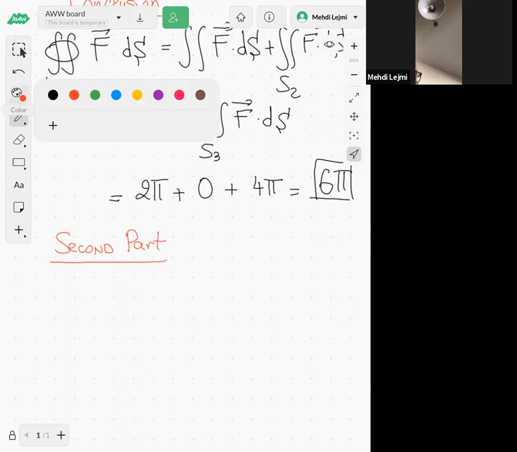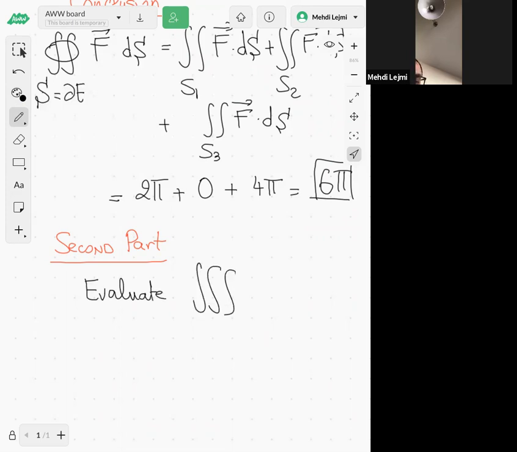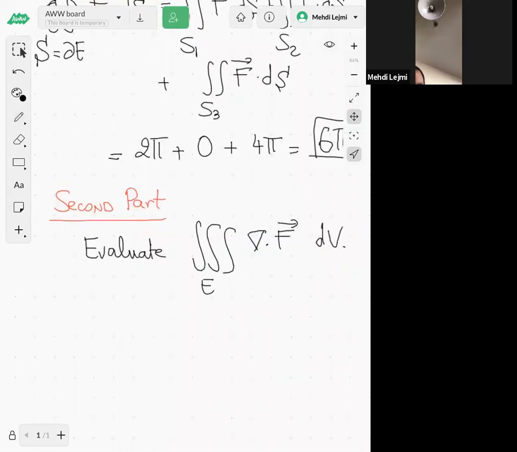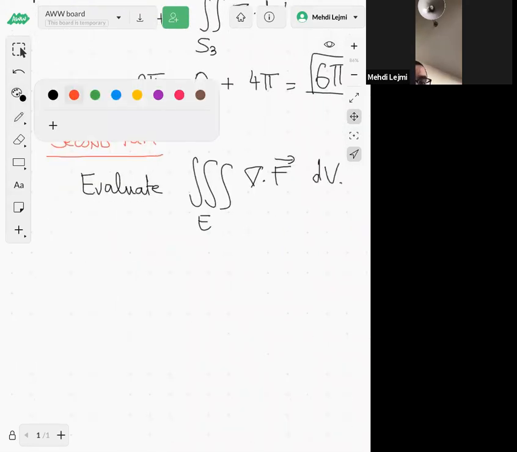Okay, so we have to evaluate this triple integral over the solid E of the divergence of F. So first, what will be the divergence of F? So step 1, we're going to evaluate the divergence of F. So let's find the divergence of F.